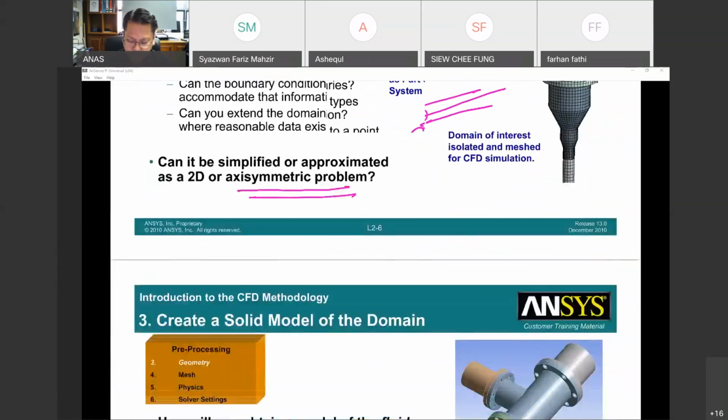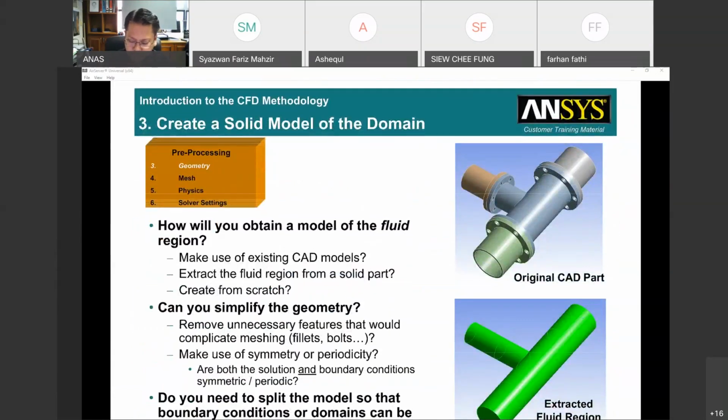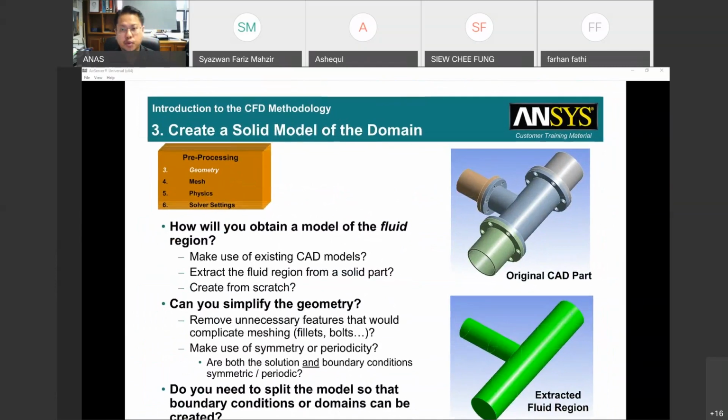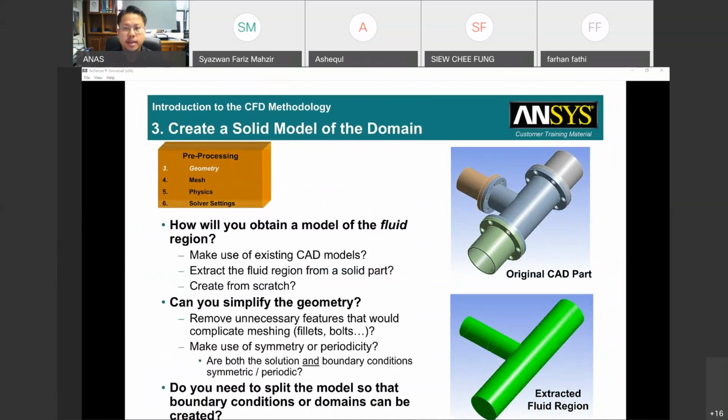And then of course, after we identify our domain, we need to have the geometry. So the geometry can be created either in Ansys or outside from Ansys. You can use SolidWorks, you can use CATIA, and so on and so forth. You just need to export the file as .igs, if I'm not mistaken, to Ansys.